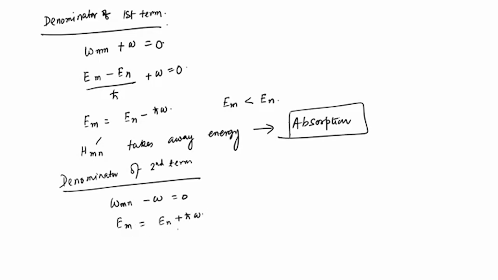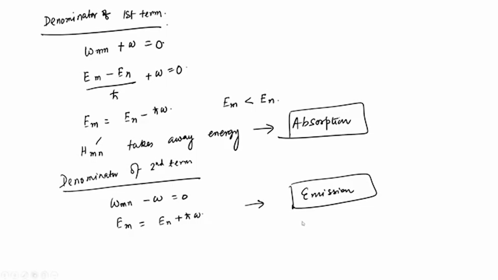So, your final state has energy larger than the initial state, and this is called emission. So, emission is coming down from a higher state to a lower state, or rather m is greater than n, and the reverse actually happens when you have absorption.